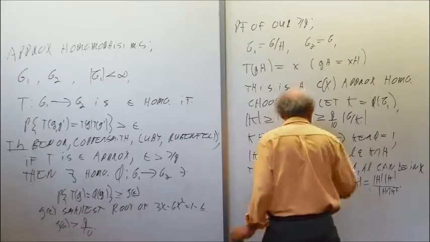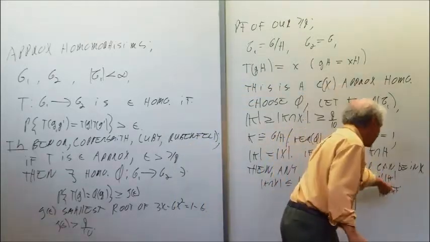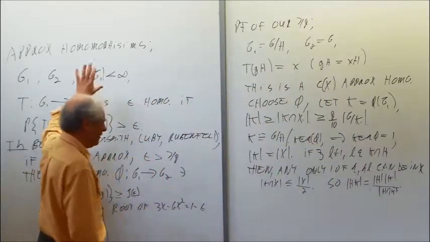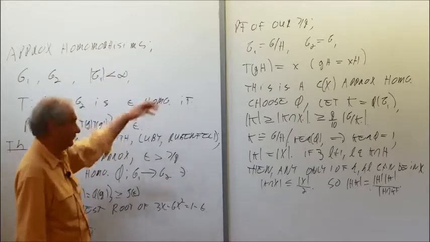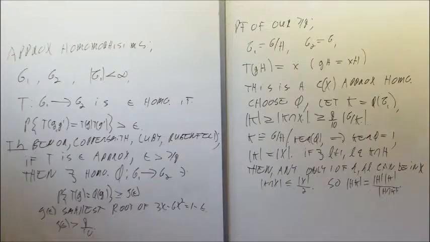No, that's okay. So this intersection is trivial, and the extension splits. So it's a very straightforward argument from their 7/9 theorem to our 7/9 theorem. Sorry for us, but the truth will out. And oh, okay. So that gets us started.